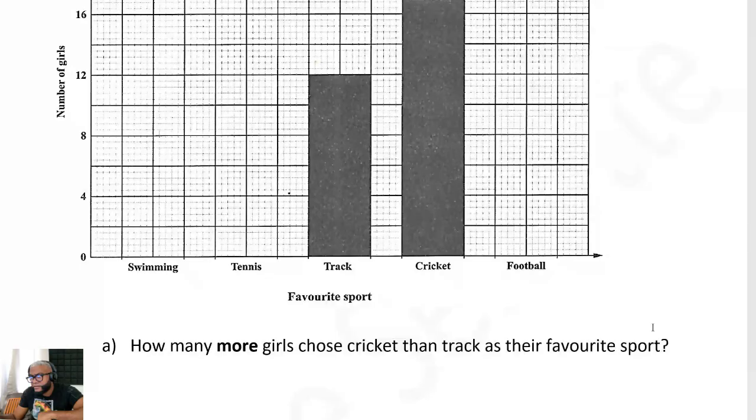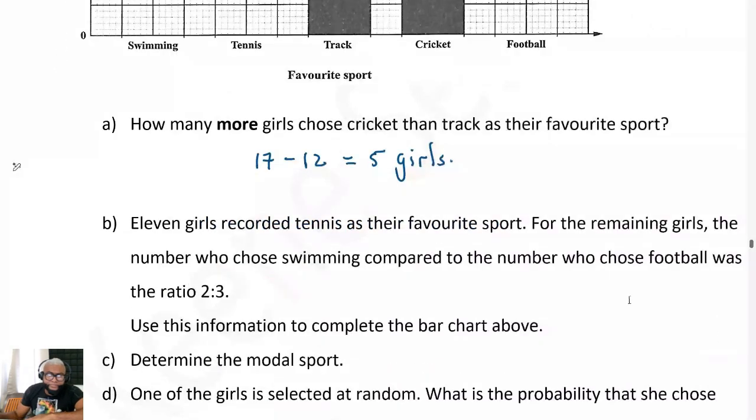Not 4. How many children chose cricket? 5 is the answer. It's 17 minus 12, which will be 5 girls, right? 17 girls chose cricket, 12 chose track. The question was how many more girls, and the more girls would be 5, right?